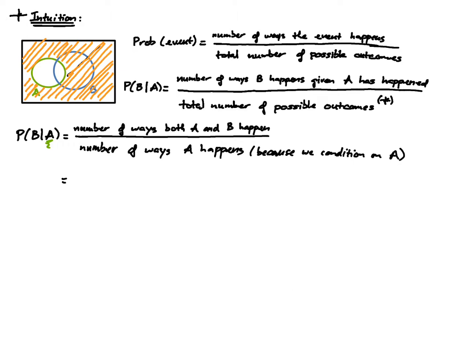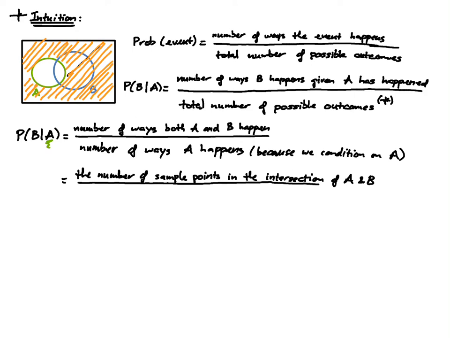That is just going to be the intersection of A and B. So this is the number of sample points in the intersection of A and B divided by the number of sample points in A.